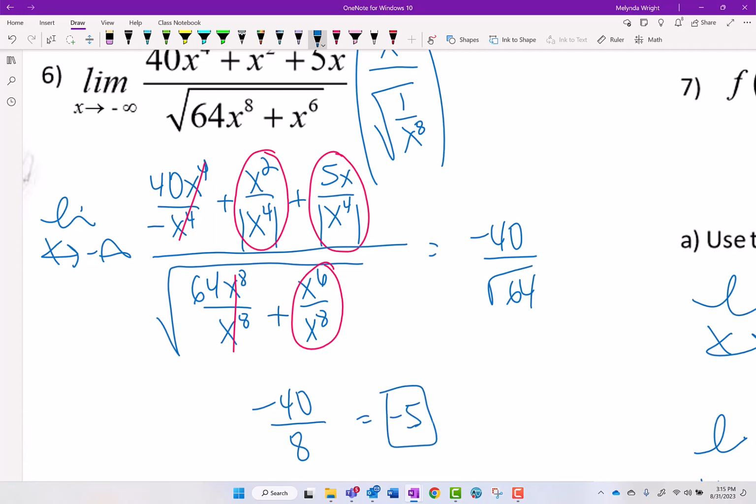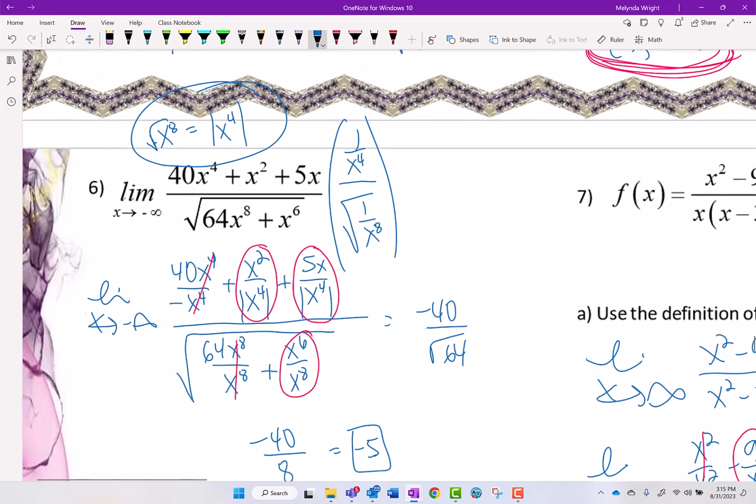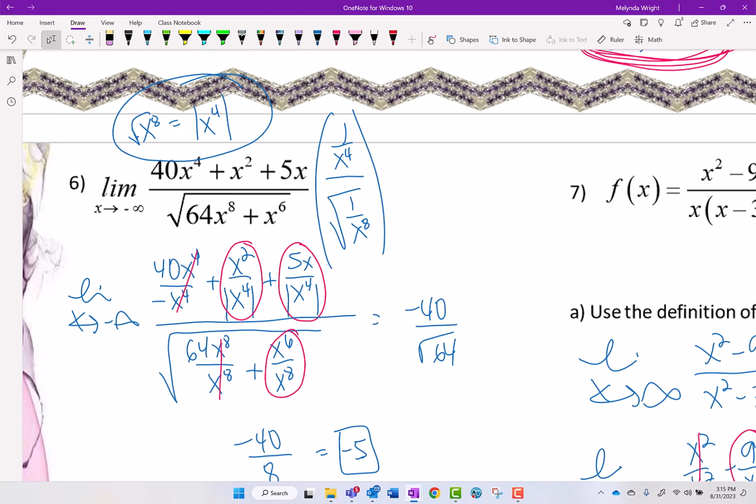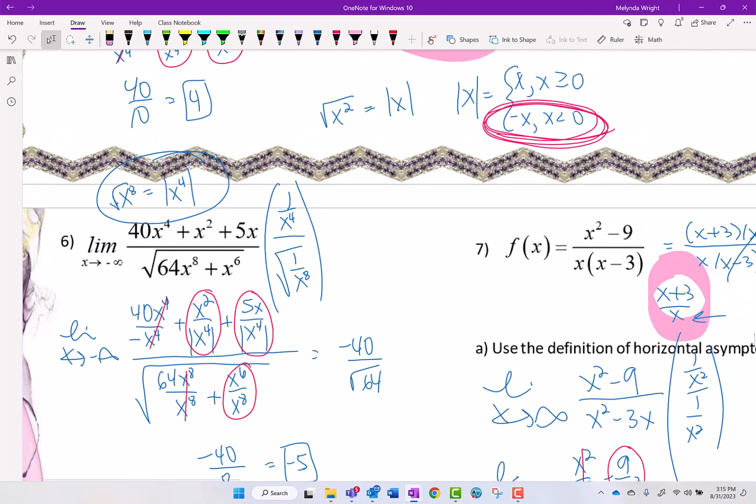Why did you make the first negative or negative? That is because of this definition up here. Is it because the x's cancel out? No, it's because x is smaller than 0.